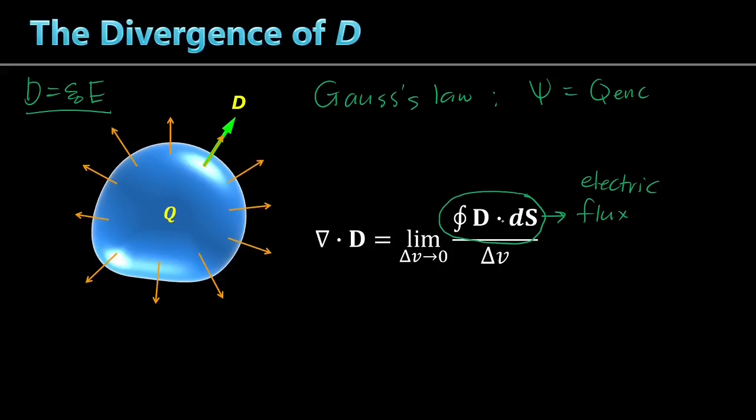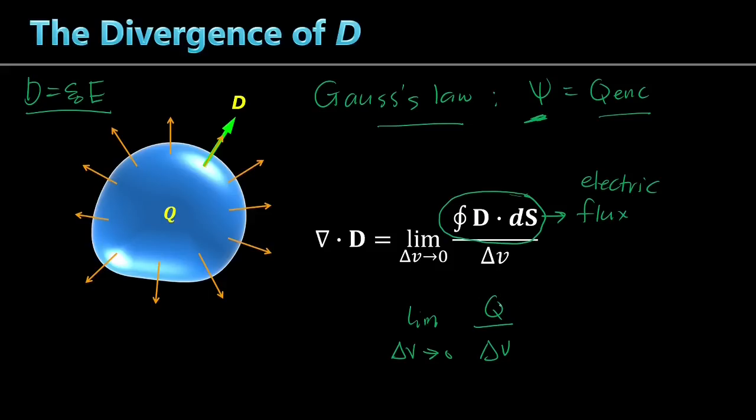However, Gauss's law tells us that the flux is equal to the charge enclosed, and because of that, we can think of this as equal also to the charge. So that means I can rewrite this as the limit of the charge per unit volume as the volume approaches zero. Okay? Because again, according to Gauss's law, the flux is equal to the charge enclosed.